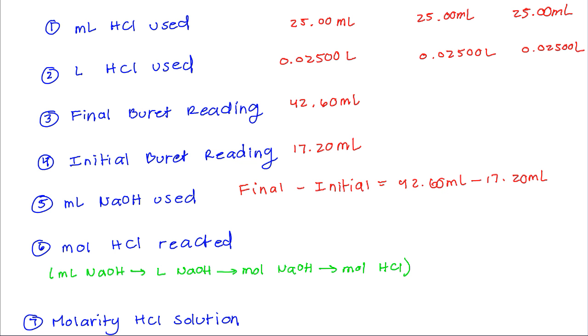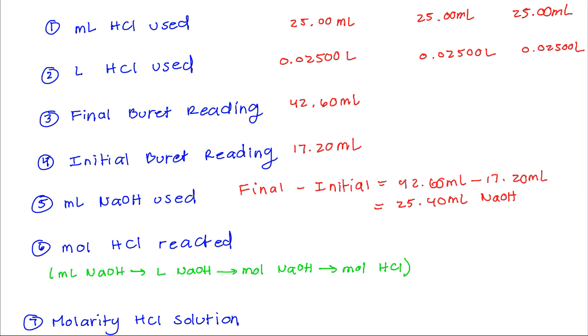Again, recall that for each of our measurements in the burette, we have 2 places after the decimal. It's always going to end with either a 0 if it's right on the line or a 5 if it's anywhere in between the small lines. So when we calculate this out, we get 25.40 milliliters of sodium hydroxide used in our titration.